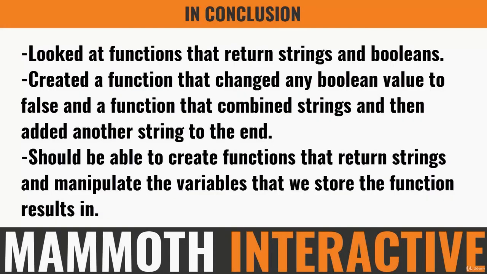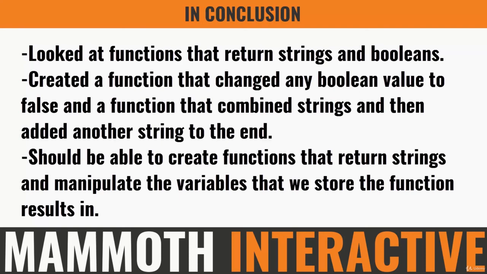In this part of our tutorial, we took a look at functions that return strings and booleans. We didn't bother with the characters because I think once you see strings and booleans, you can understand that we can do the same thing with characters too. So we did this by first creating a function that changed any boolean value to false. We called this toFalse. So it's a pretty simple function. And then we made one that combined strings, so basically just added one string onto the end of the other.